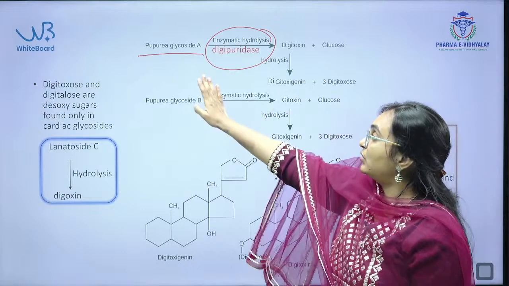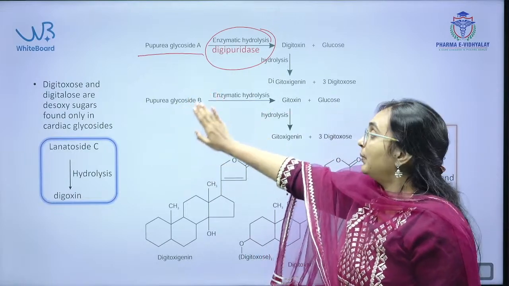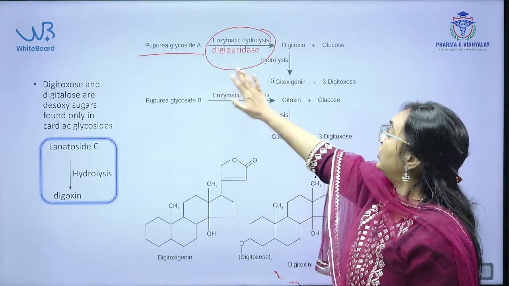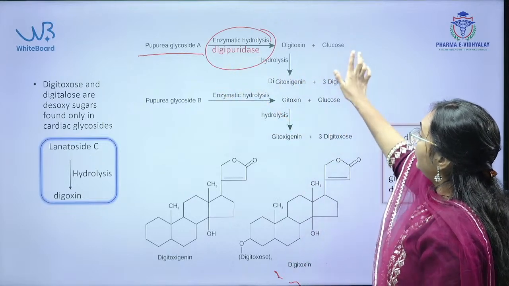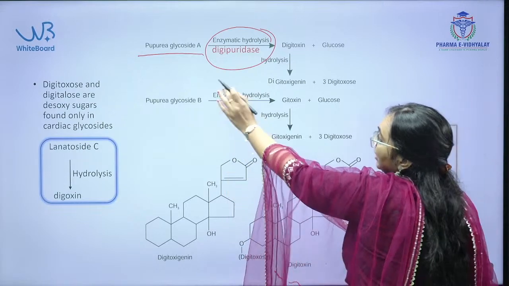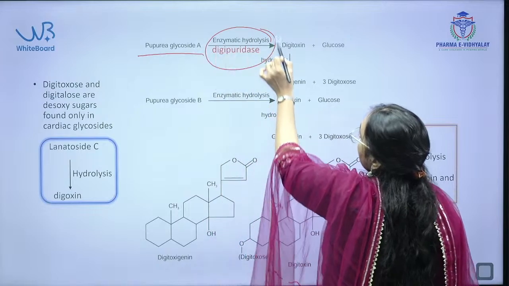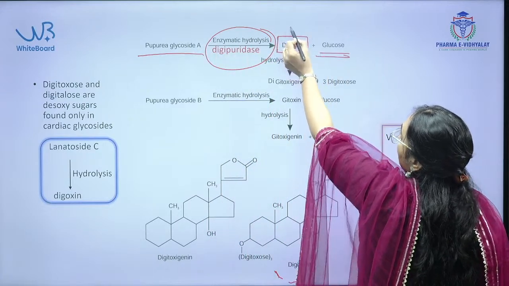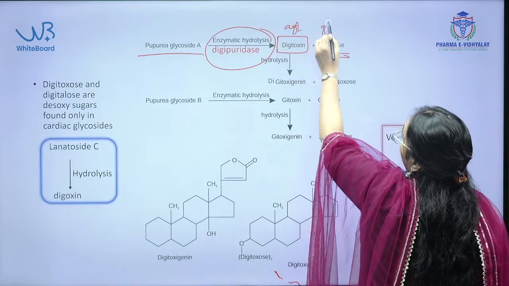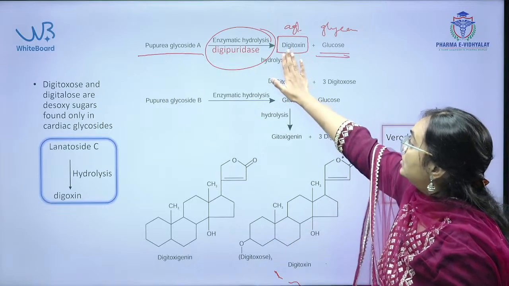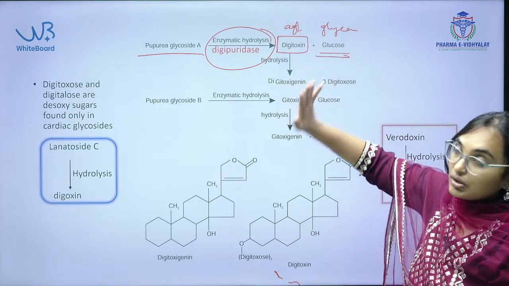Purpurea glycoside A and B, in presence of the enzyme digipyridase, convert into digitoxin plus glucose. In enzymatic hydrolysis, purpurea glycoside A gives digitoxin plus a sugar molecule, aglycon and glycon. The aglycon here is digitoxin, the glycon is glucose.